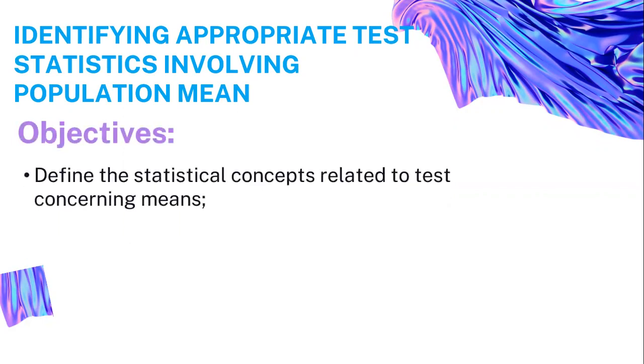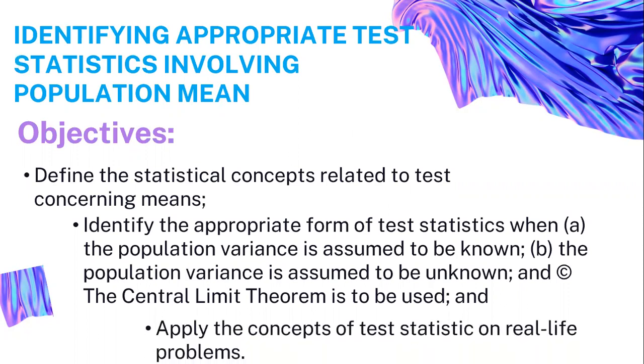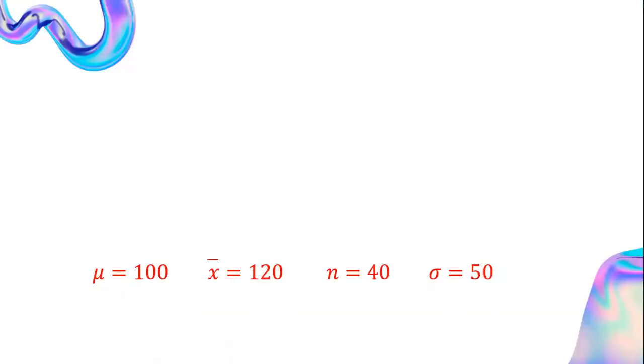You need to define the statistical concepts related to tests concerning means and identify the appropriate form of test statistics whenever the population variance is assumed to be known, the population variance is assumed to be unknown, and the central limit theorem is to be used. And lastly, apply the concepts of test statistic on real-life problems.